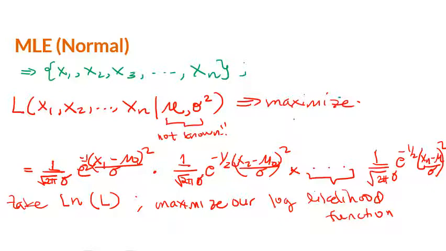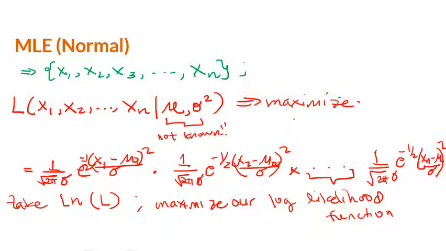And besides, since we have a product of probabilities because we assume independence of x1, x2, we can multiply. If you remember in class before, we multiply if we assume independence between x1, x2, x3, and so on. So we have a joint probability distribution function that is a product of normal distributions for each of x1 to xn.